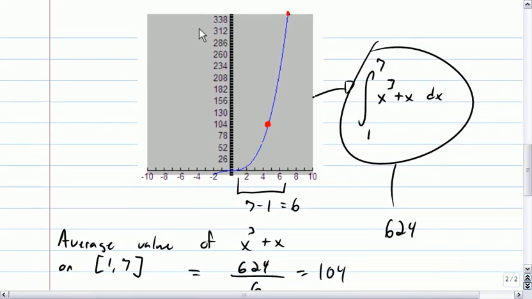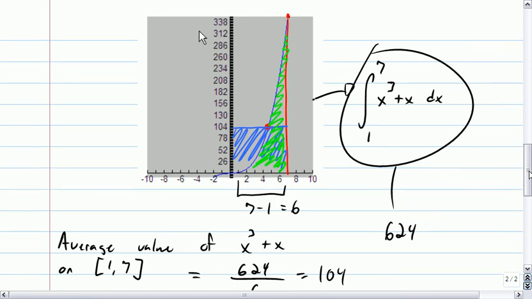Okay, so my average y value right there, well, we'll talk more later, but if you took this rectangle here, this blue rectangle, it would have the same area as all of this stuff. But our last task is to say, hey, where does our function achieve that average value?